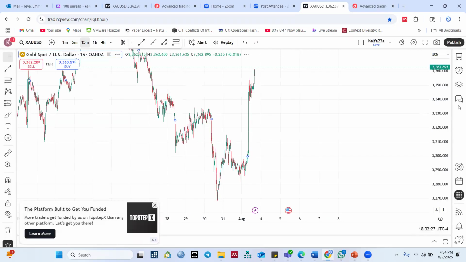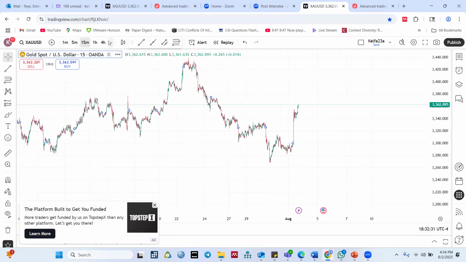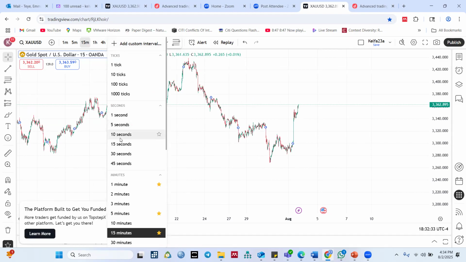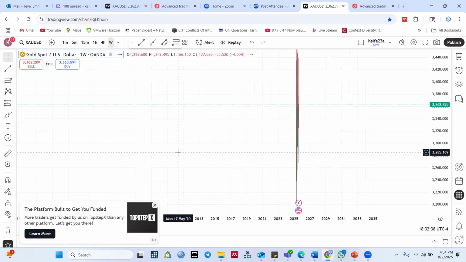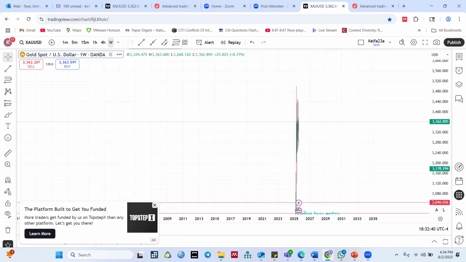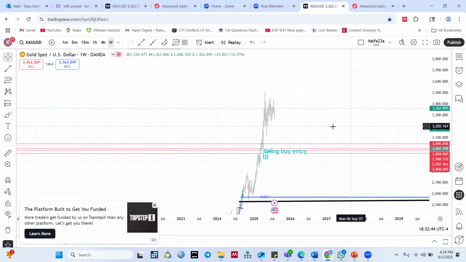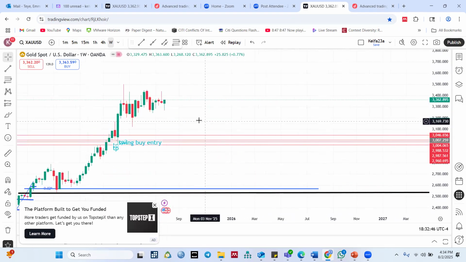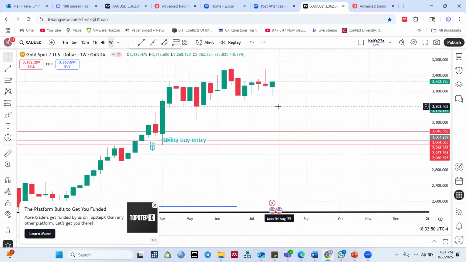Good. So I've searched for gold. Let me go to gold on the weekly time frame. So 1 week. This is gold on 1 week. What do you guys think is happening on gold on 1 week?